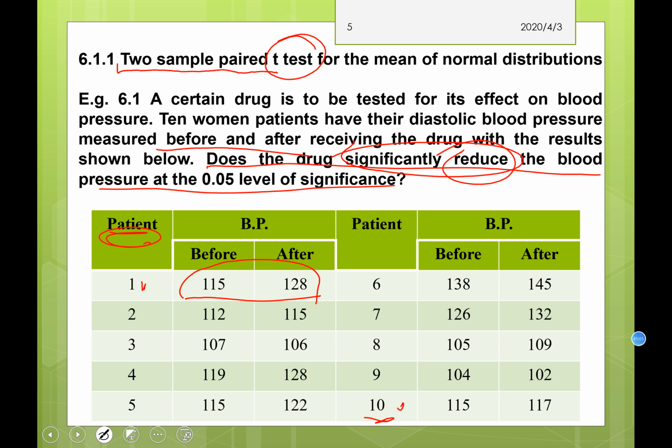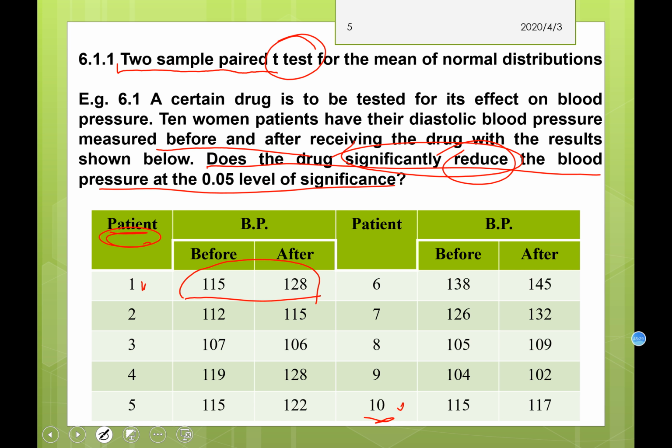When can we say that? Yes, when after is lower than before or after is higher than before. That means the drug is useful because the blood pressure is changed, right?